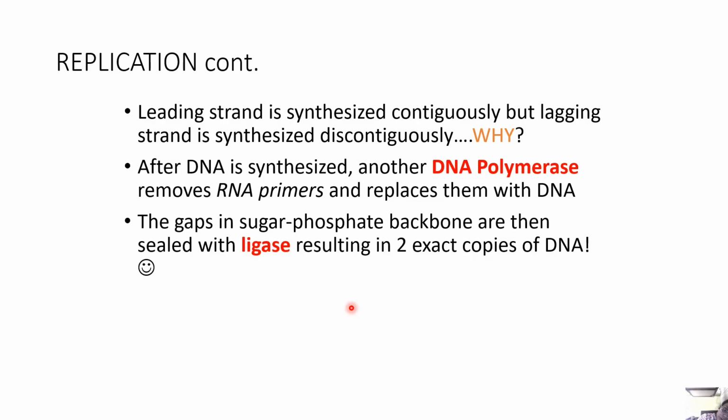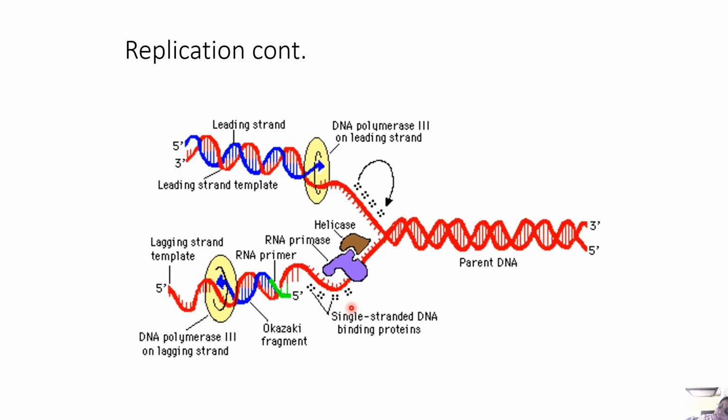After DNA is synthesized, another DNA polymerase removes RNA primers and replaces them with DNA. The gaps in the sugar phosphate backbone are then sealed with ligase, resulting in two exact copies of DNA. This is the schematic of replication.